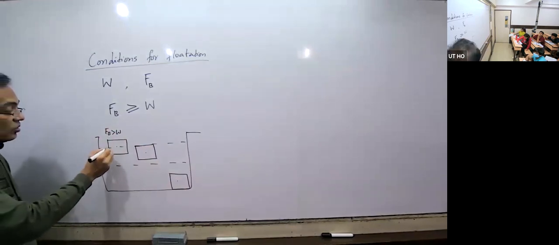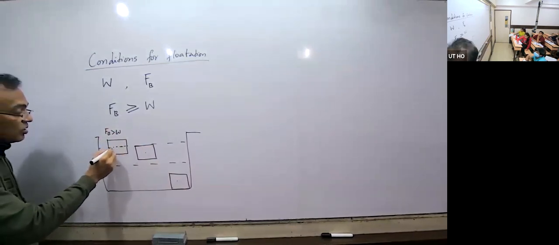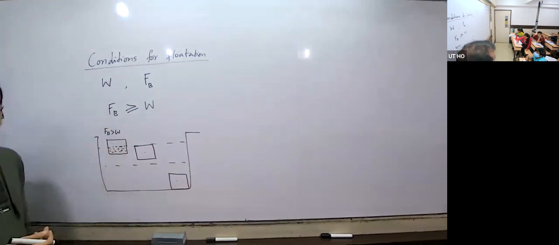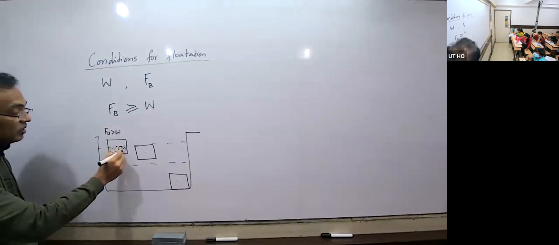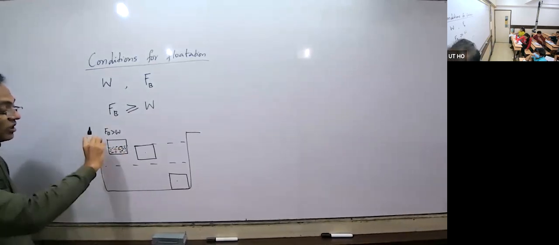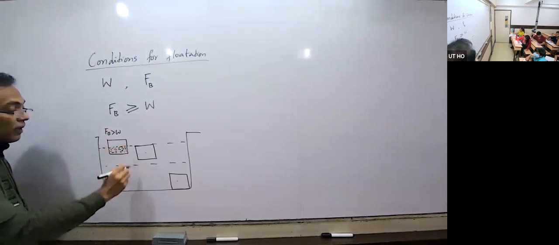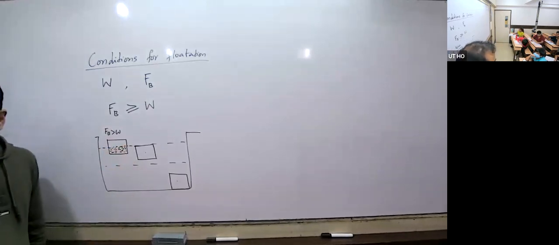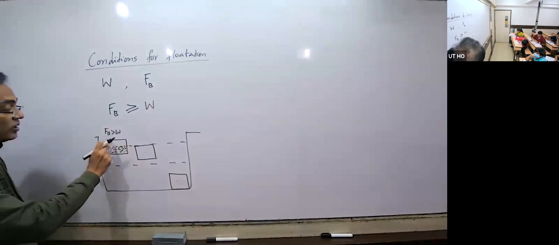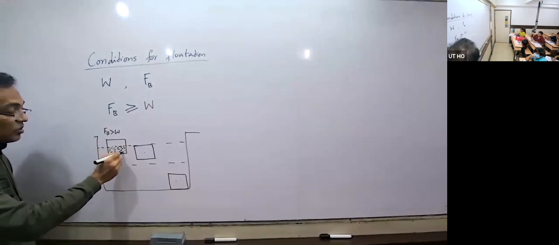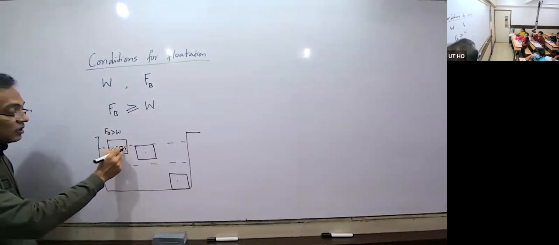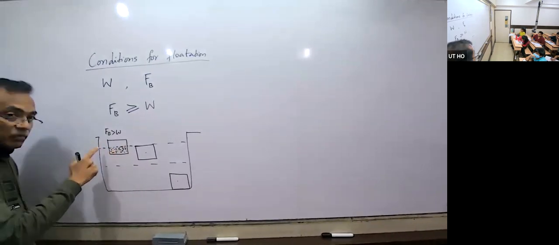The upthrust caused by only this much portion of the liquid itself is sufficient to hold it up. So how will the Archimedes principle be modified when a body is only partly submerged? In this case, the weight of the full body is balanced by the upthrust caused by the liquid replaced by the submerged portion of the body.